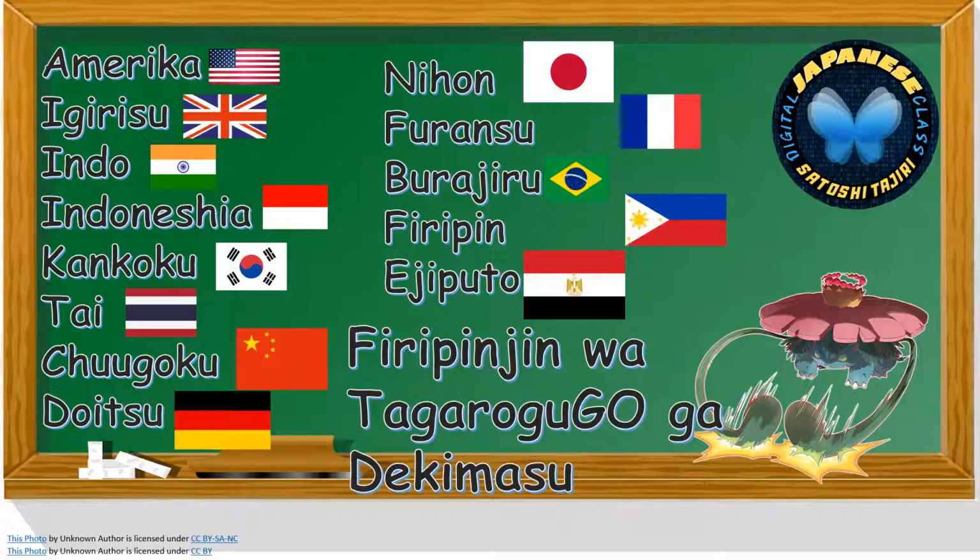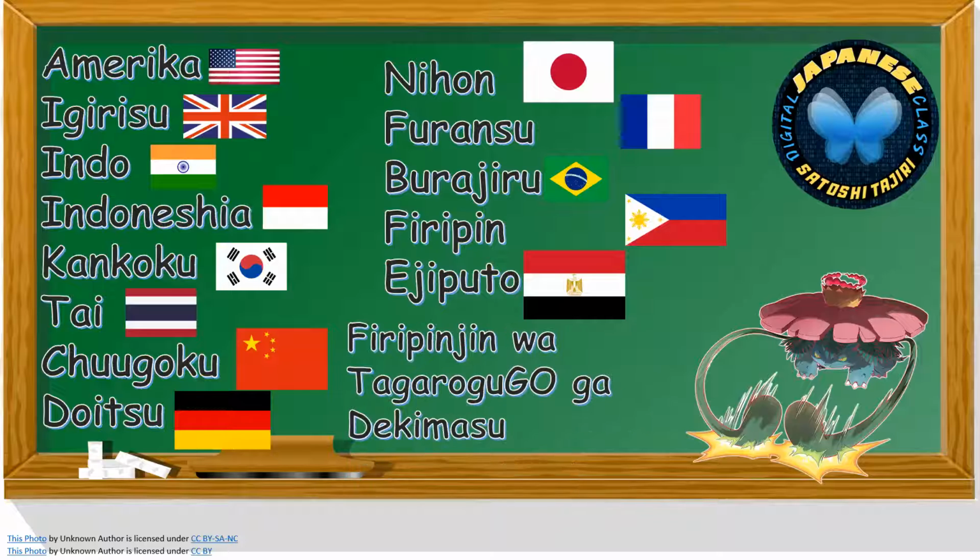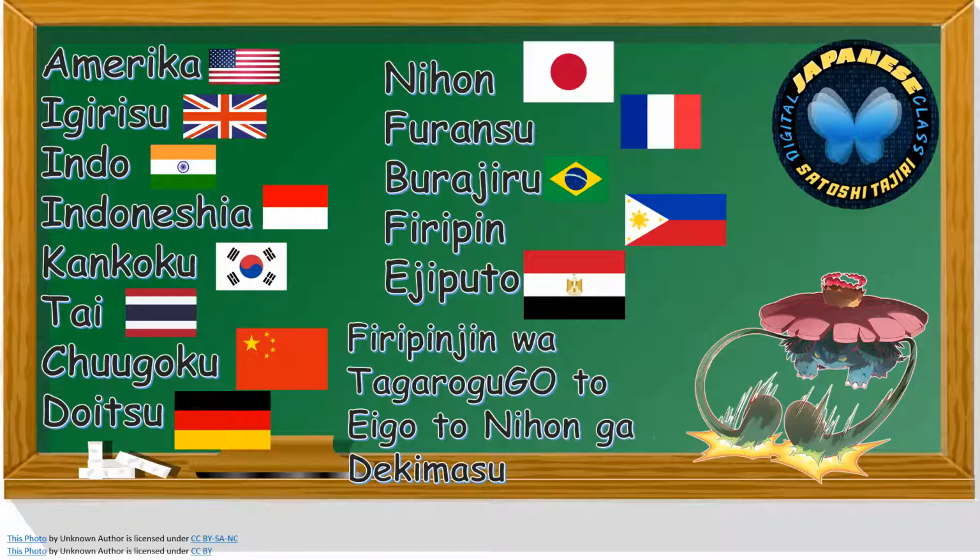Now let's change it a little bit. Filipinos are very talented because they can speak multiple languages. So we say Philippine Jin wa Tagalog go to ego ga dekimasu. We have to here, and to means and. Filipinos are able to speak Tagalog and English. Or if you want to add another language, nihongo ga dekimasu.